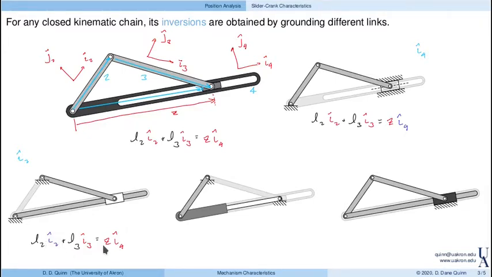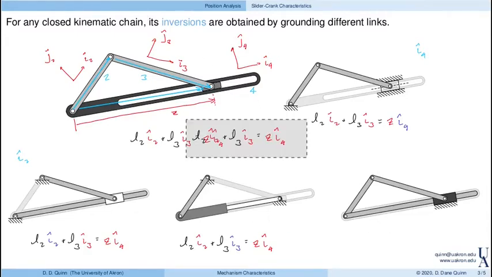So we have three variables: the direction of link 3, the direction of link 4, and the distance. We would choose one of them and solve for the other 2. Looking at this configuration, again, back to the same loop closure equation, but now theta 3 is known, so that I3 is a known direction. Again, 3 variables, choose one, solve for the other 2.